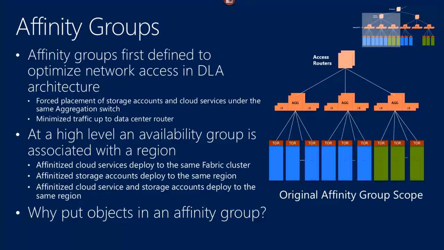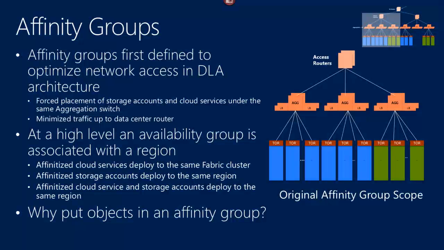If you look at the original data center networking architecture that I've got over there on the far right, you can see that this access router maps to 3 clusters. And if the traffic is between those clusters, it doesn't go all the way to the data center router. So the original team said, it'd be really nice if we gave people the ability to co-locate their compute and storage under one of these access routers so that they get better performance and we're not congesting the data center routers by having traffic between storage and compute that's under one of these not go all the way up.